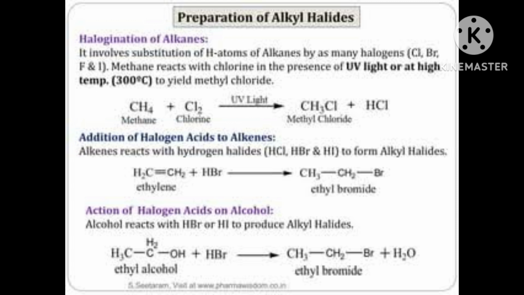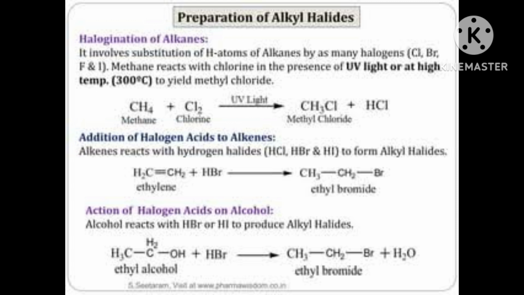N2 will have a plus because nitrogen loses a lone pair of electrons, and that electron pair is given to X. So N2 has one plus and X has one minus. N2+ is called the diazonium group.